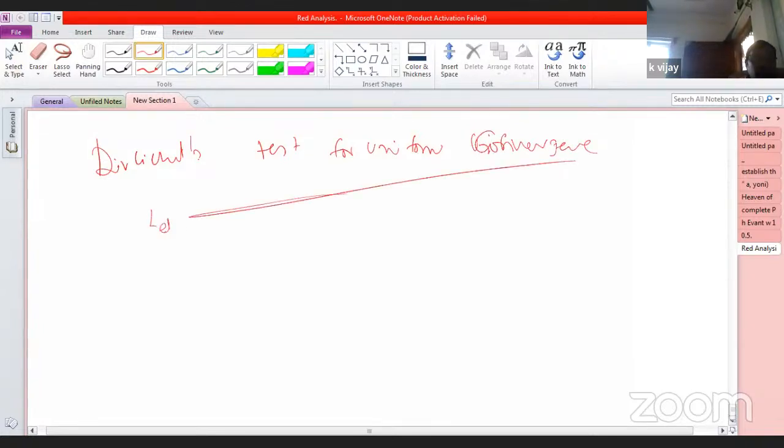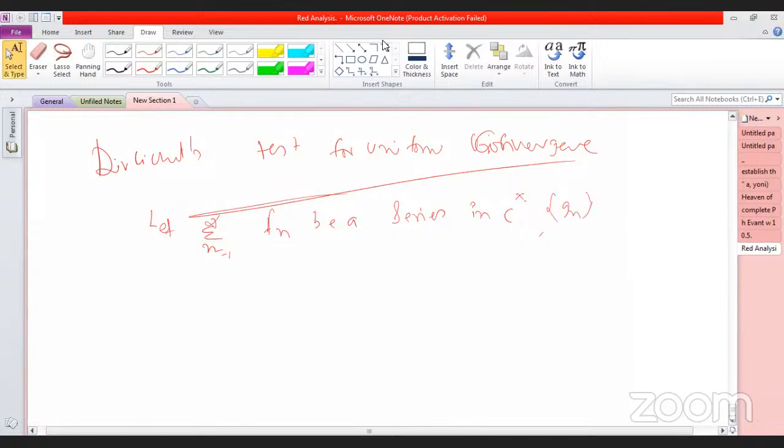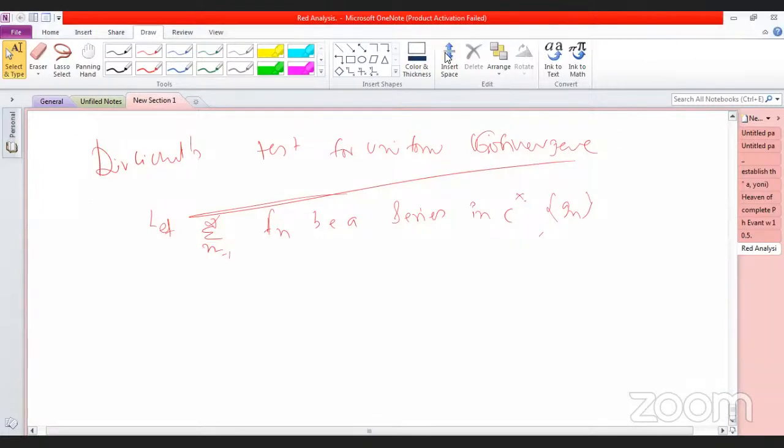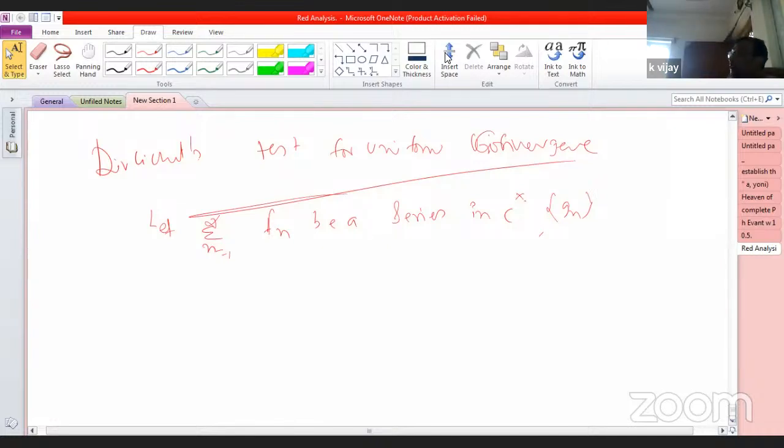Let the summation of n equal to 1 to infinity of f n be a series of functions, and let g n of x be a sequence of functions.